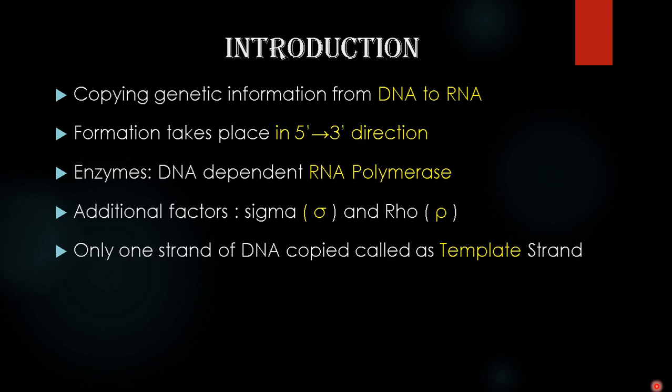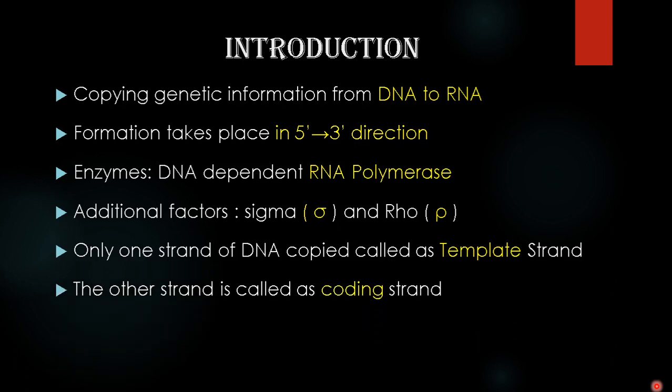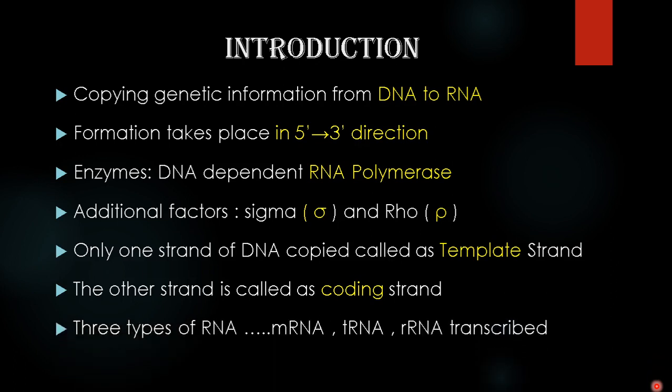The strand that is copied, to which the RNA will be formed with complementary bases, is called the template strand. The other strand, to which the new RNA will be exactly similar in its bases, is known as the coding strand.